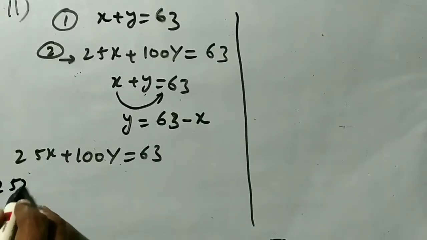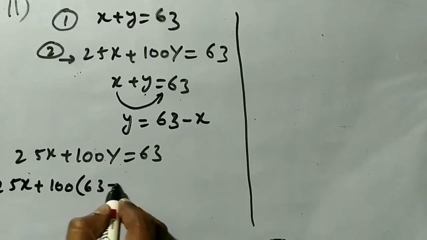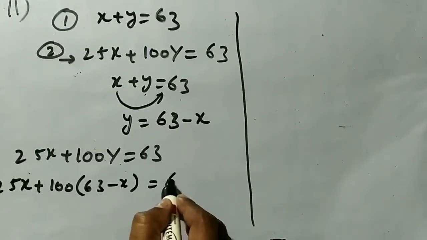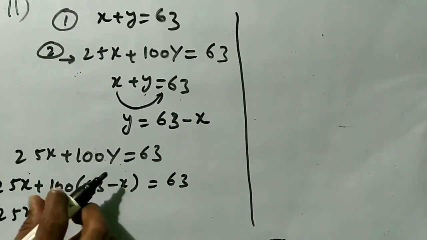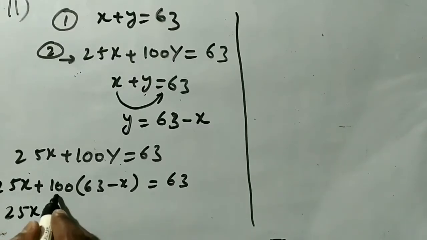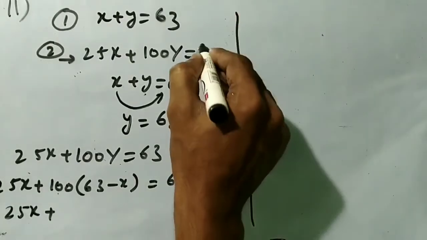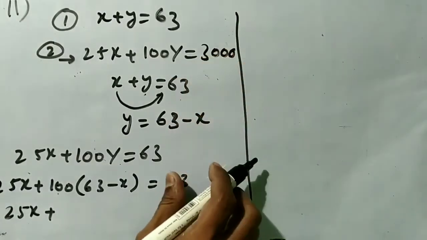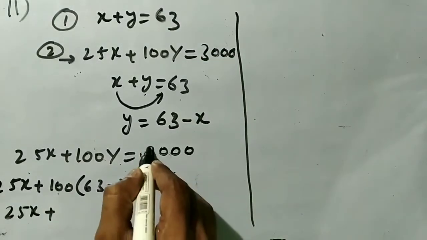So 25x plus 100 into 63 minus x is equal to 3000, because the y value is the same substitution. Here it is not 63, here it is 3000 actually. I forgot that.